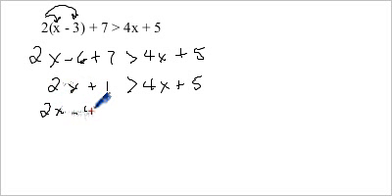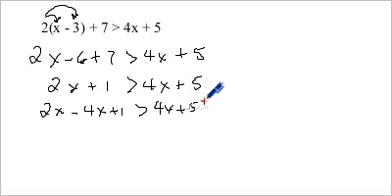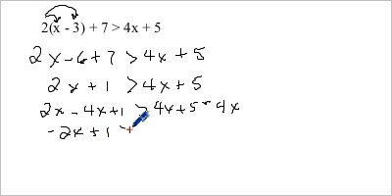2x minus 4x plus 1 is greater than 4x plus 5 minus 4x. So now we're left with 2x minus 4x, which is negative 2x plus 1, greater than, these will cancel each other out, so I'm just left with positive 5.